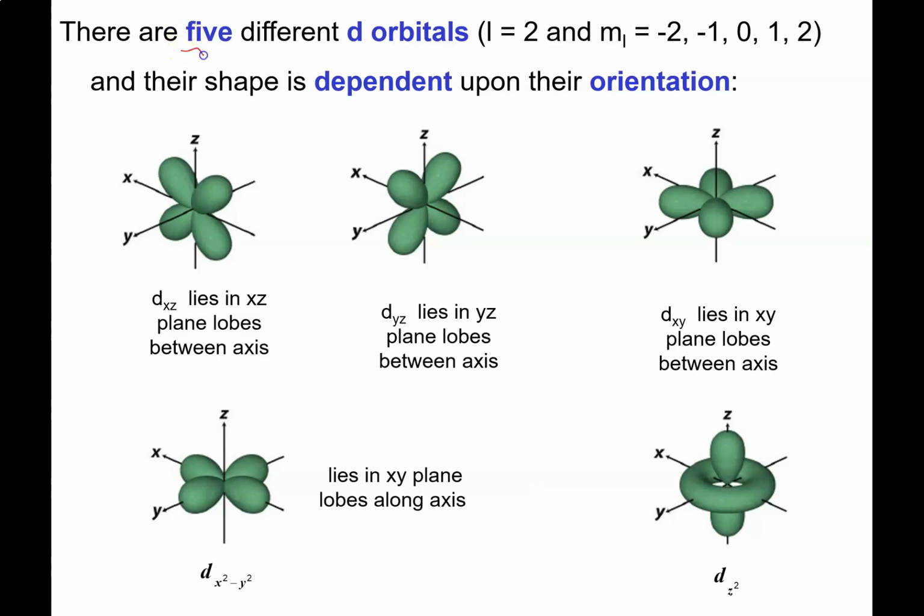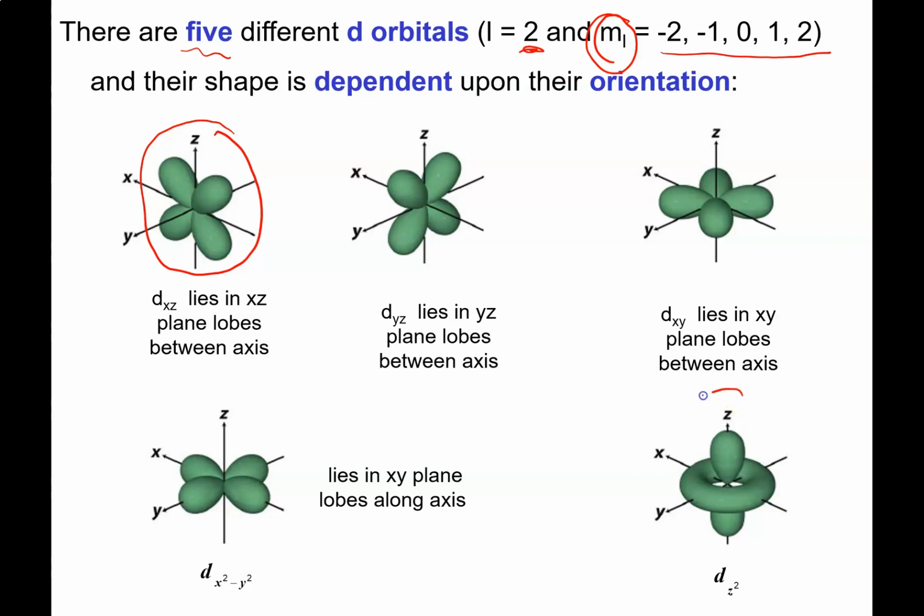Now, when you get to a d subshell, which is l equals 2, you have 5 possible values for ml. A typical d subshell, there's only one that doesn't have this shape, has this clover-like, 4-leaf clover kind of shape. It has 4 lobes to it, 4 teardrop-shaped lobes.